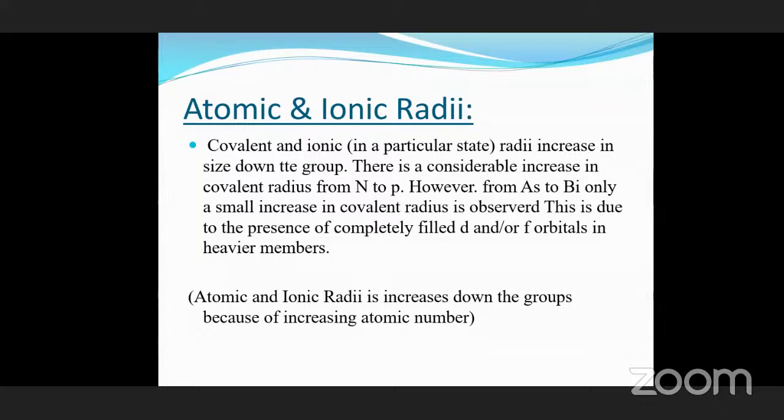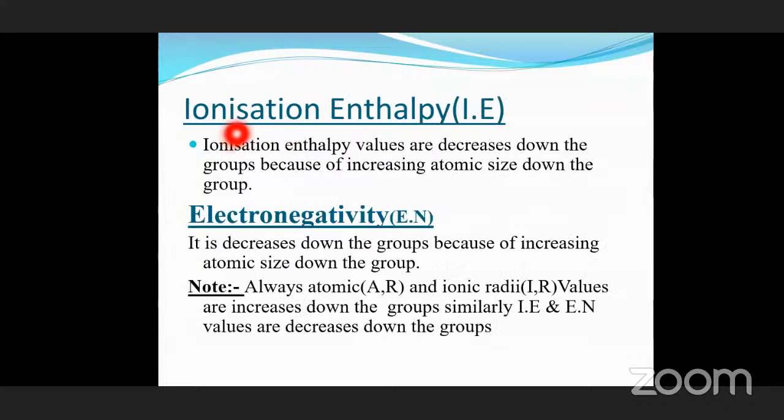Then what about the ionization enthalpy, which is represented by the IE symbol? E means enthalpy or energy, whatever it may be. That's why sometimes ionization enthalpy is also called ionization energy. What is the definition of ionization enthalpy or energy? Simple.